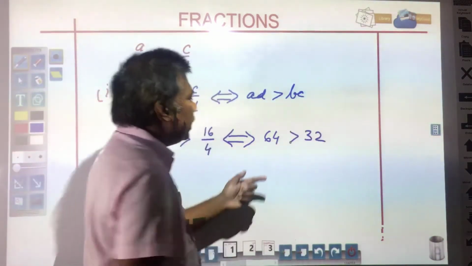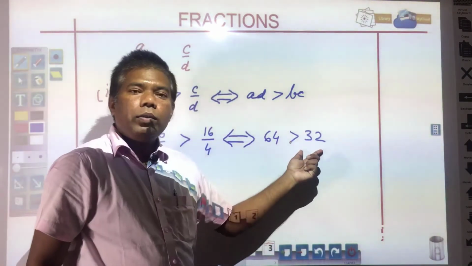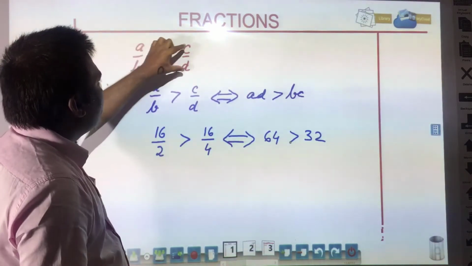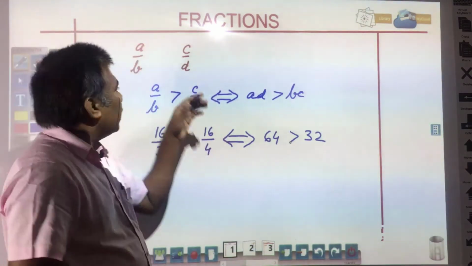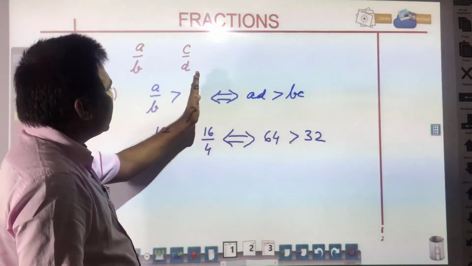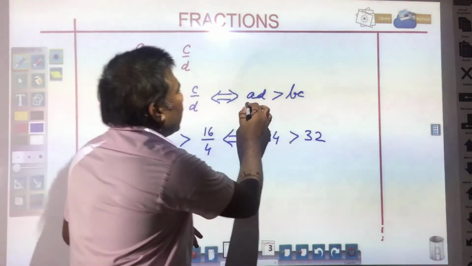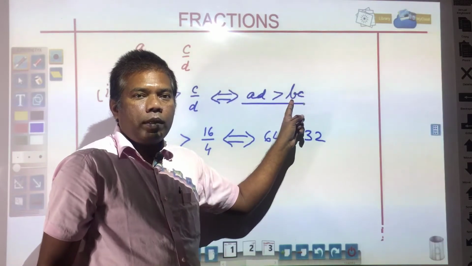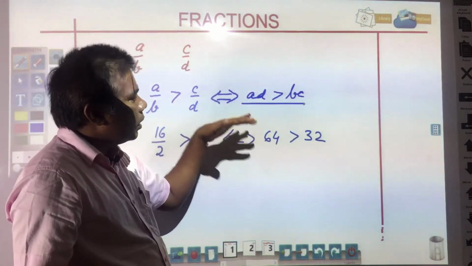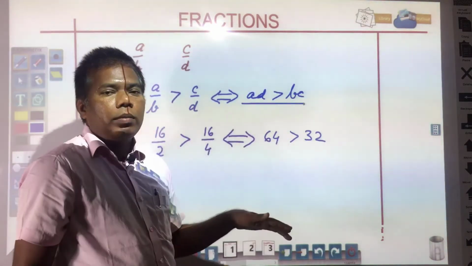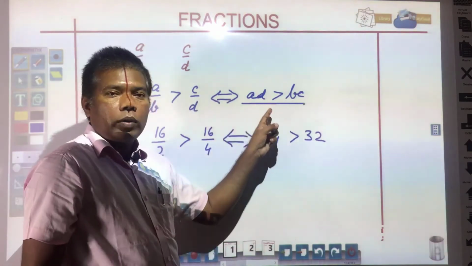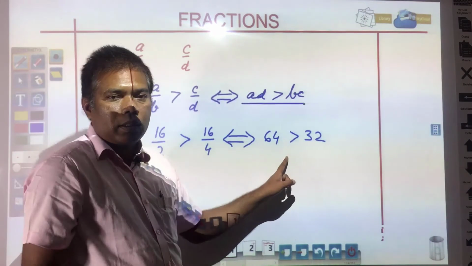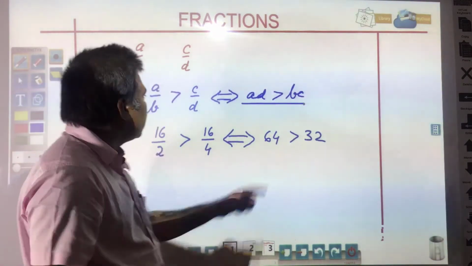So, obviously 64 is greater than 32. So, any two fractions A by B and C by D, if A by B is greater than C by D, then AD will be greater than BC. While comparing rational numbers, this will be useful. So, you need to remember it, put some other examples, verify yourself and try to understand.